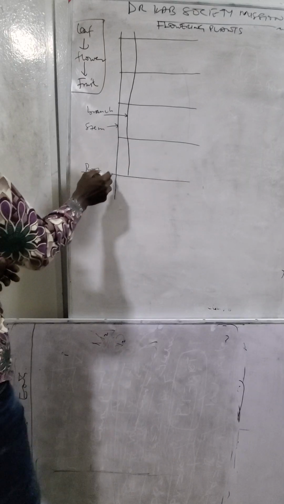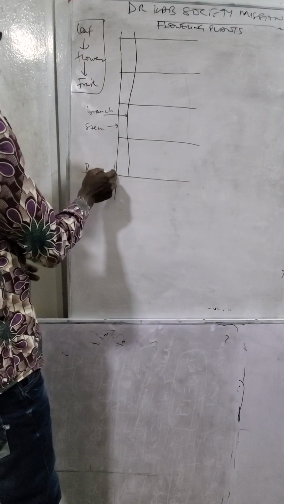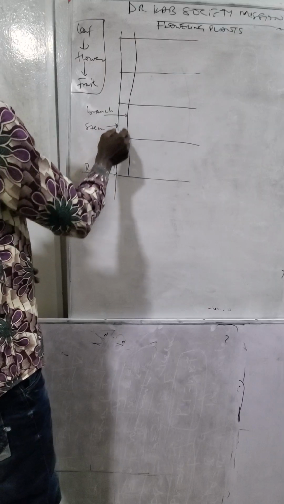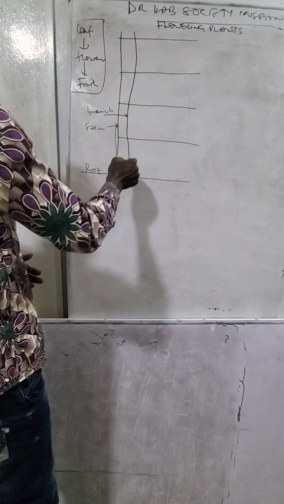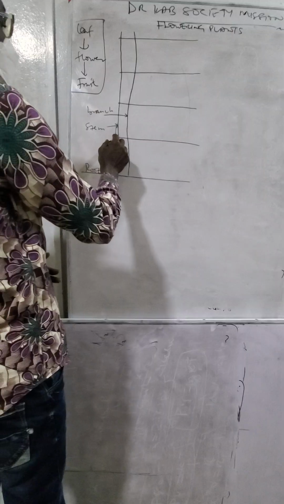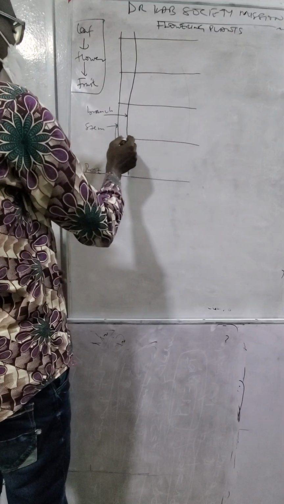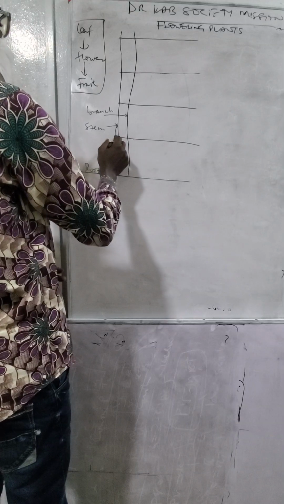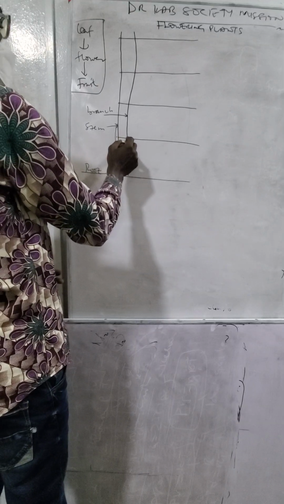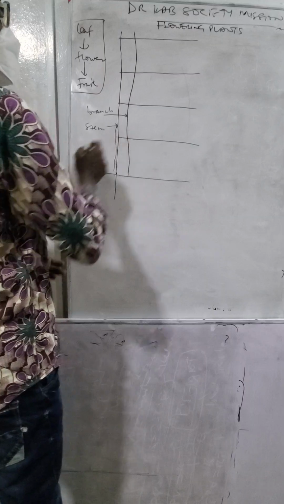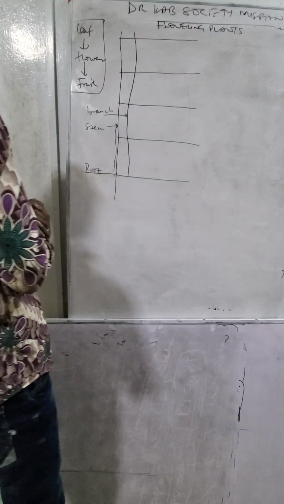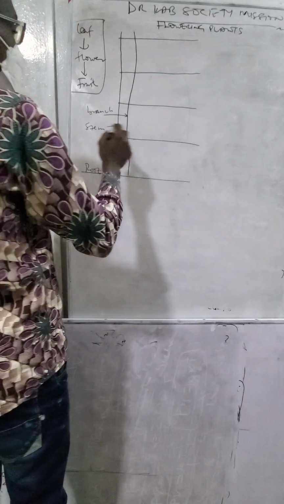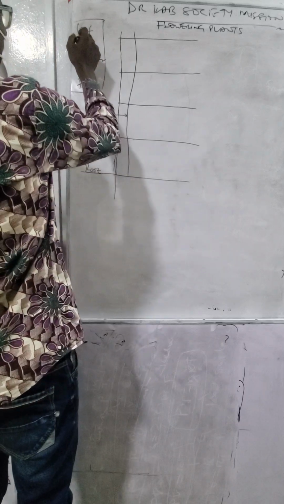Now assume this is our stem, and let's assume this is representing the branch. We can have this part, which we are going to describe soon, linked either to the stem directly or to the branch. We're talking about the leaf now.